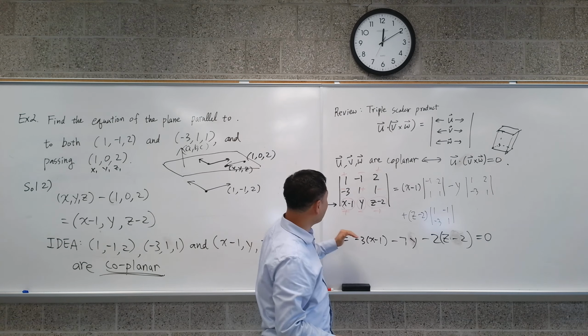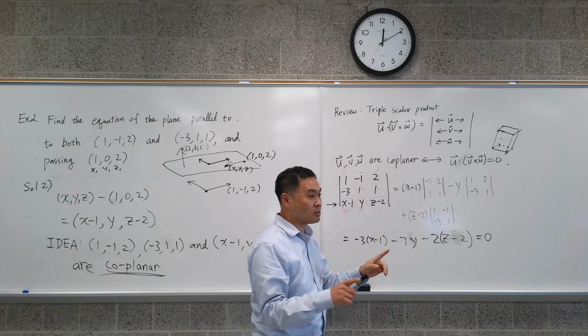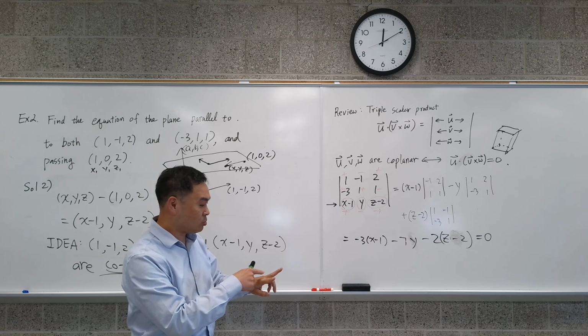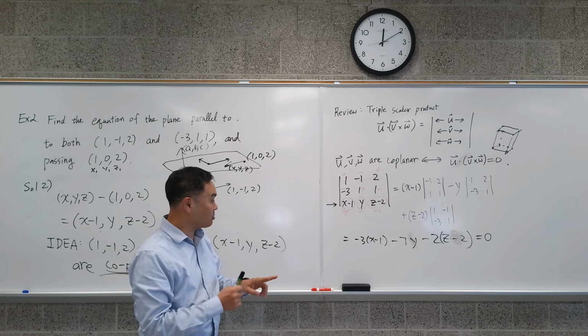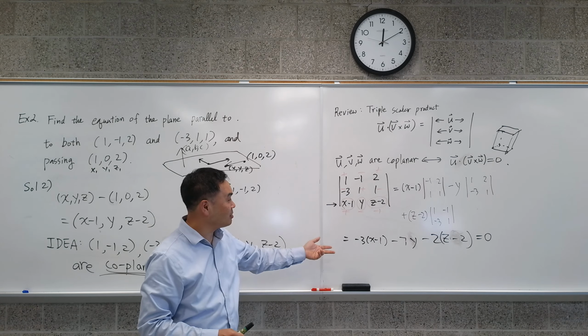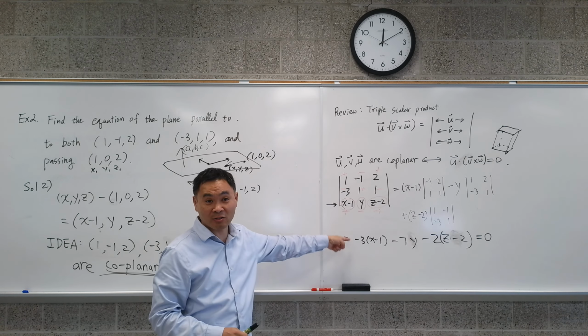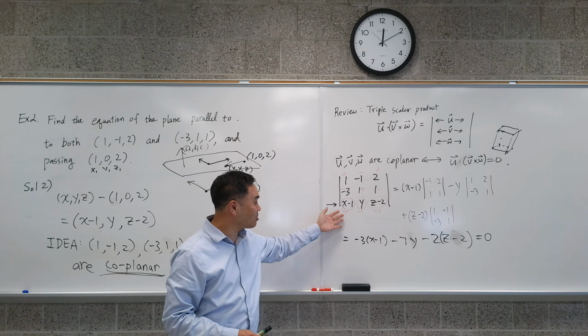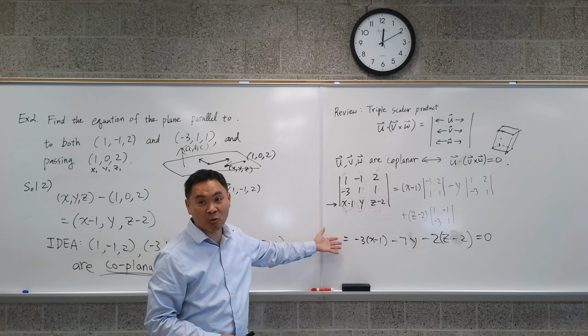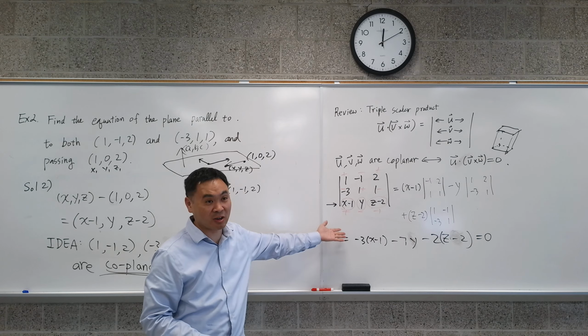So when it comes to a question where you're given two parallel vectors and a third point and you have to figure out the equation of the plane, this is actually much faster. And another nice thing about this is that you don't really have to memorize the formula for the plane because it's just there.